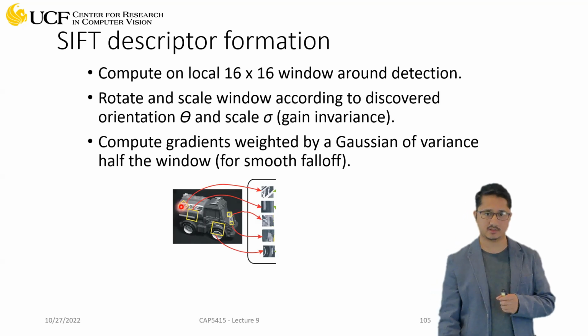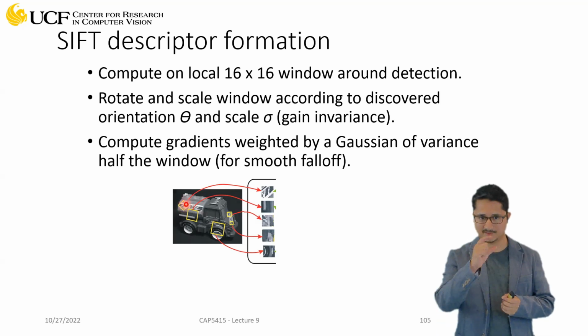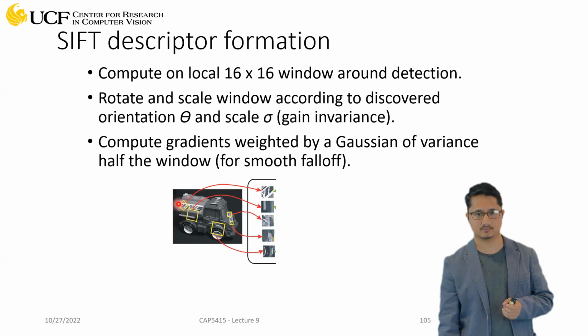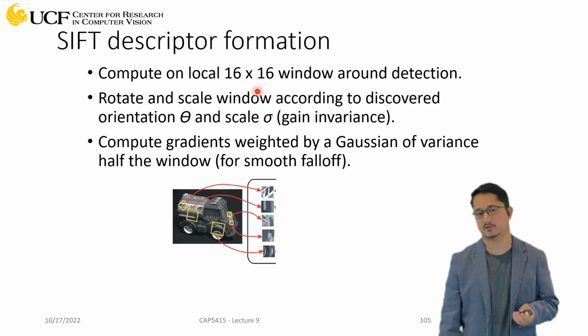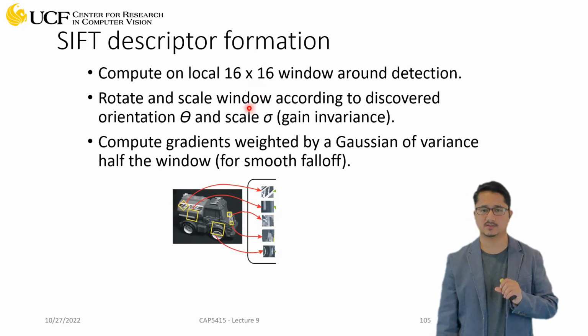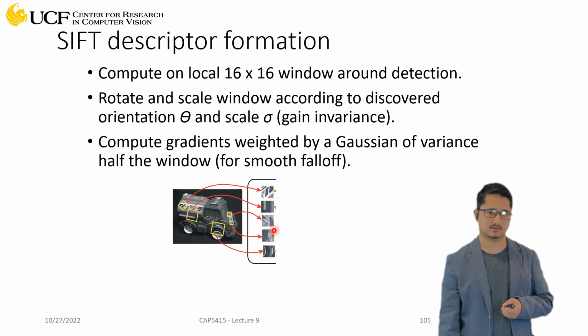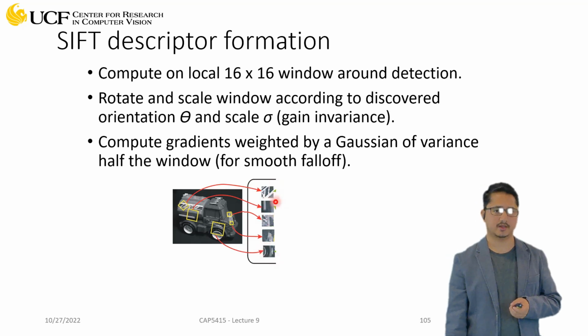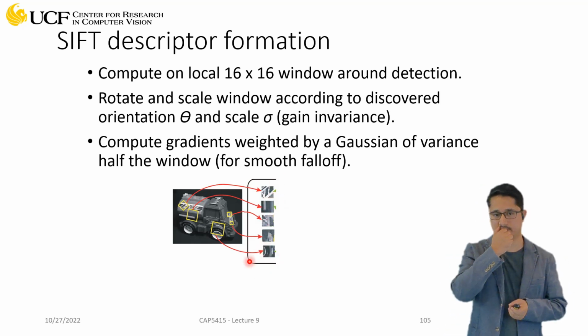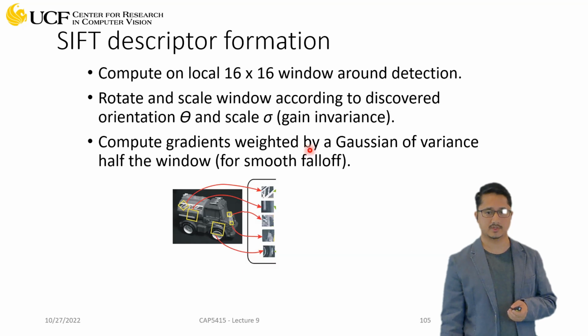So you will rotate that patch, and then you will also resize that patch to 16 cross 16. It could be anything else, maybe 32 cross 32 as well, but 16 cross 16 is just one example. And again, that's one parameter which we'll have to decide. And you extract that patch. You can see here that all these patches are 16 cross 16, and for all of those the orientation has been fixed, so they are completely perpendicular.